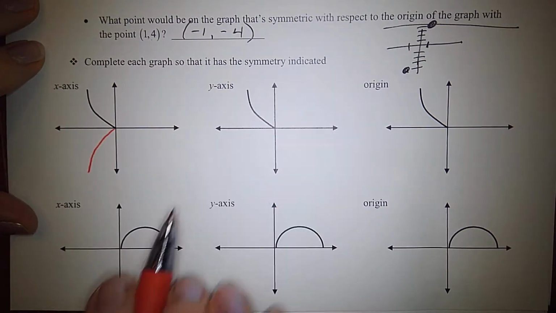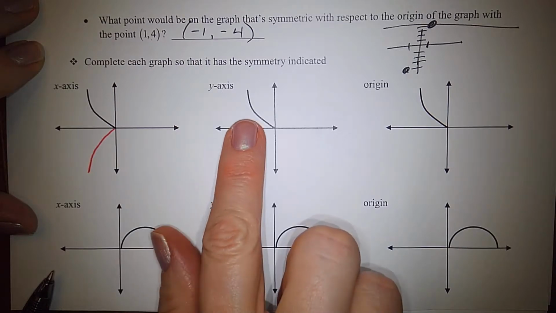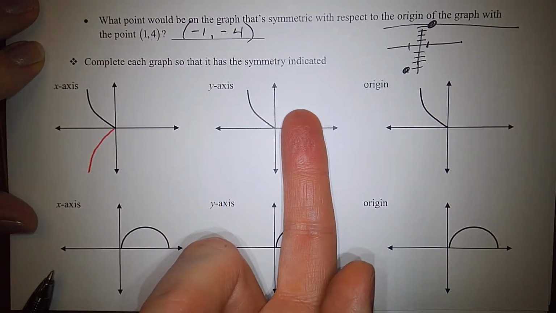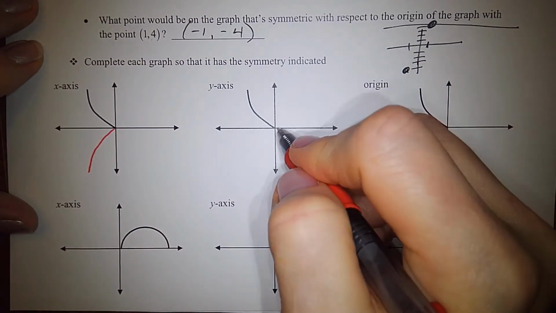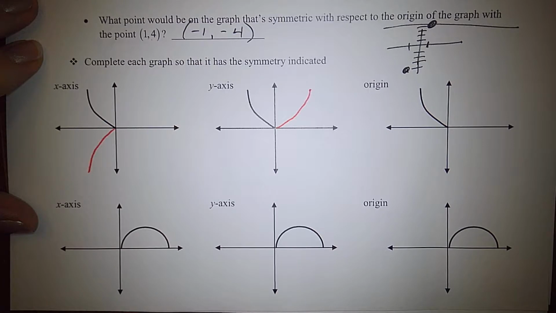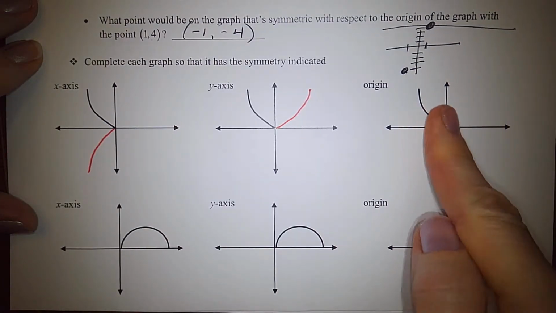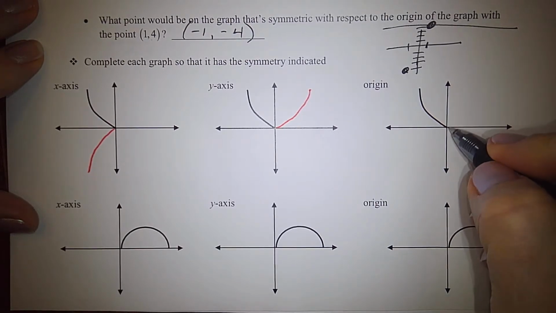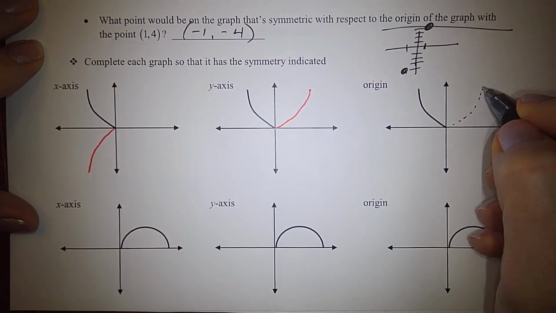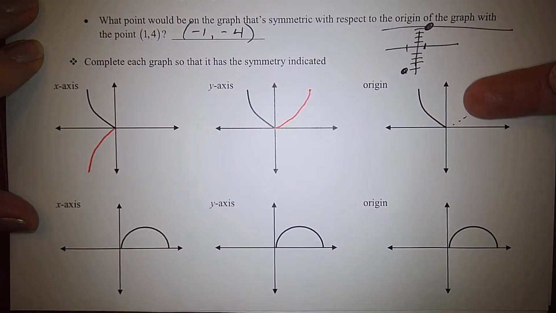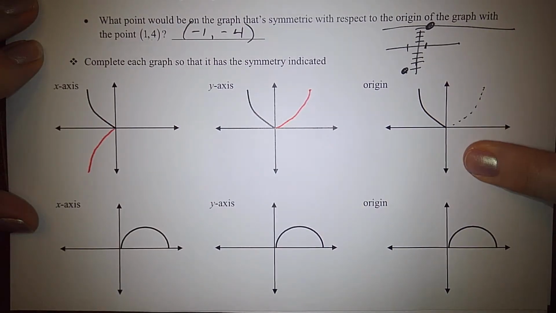A y-axis symmetry says anything on this side of the graph will be flipped directly over the y-axis. So this part of the graph will move up here. Origin symmetry will do both. Not only will it flip over the y-axis, so this part would then come up here, but then once it flips over the y-axis, then this part has to flip over the x-axis.